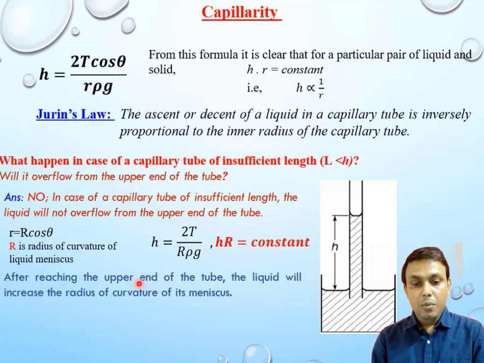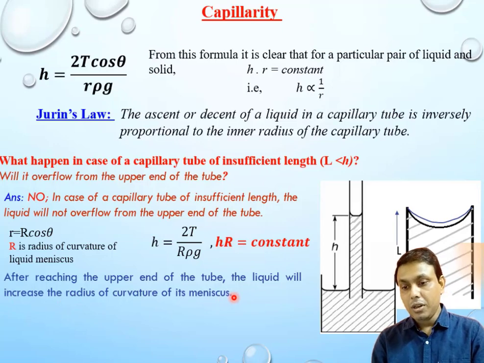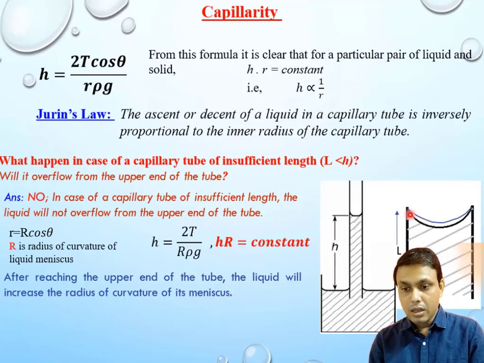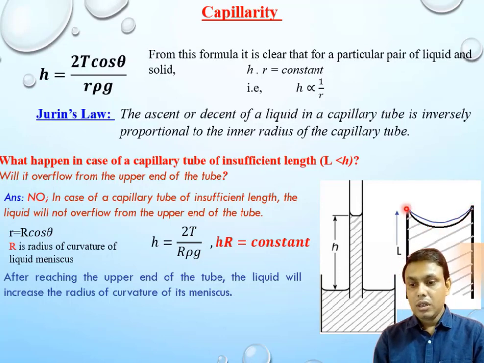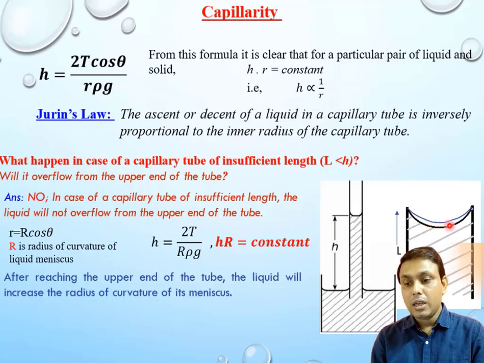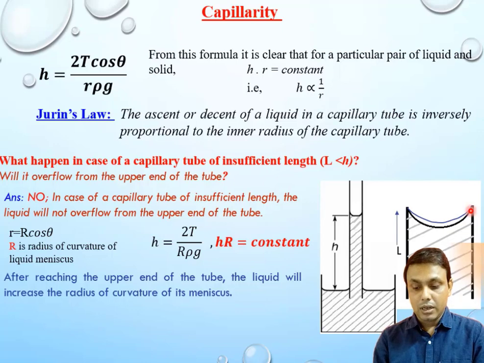After reaching the upper end of the tube, the liquid will increase the radius of curvature of its meniscus. That means here initially this was the position of the liquid meniscus. Now when it reaches here, you see that the height of the capillary tube ends here. Now before overflowing, the liquid will rise up. As it rises up, the radius of curvature increases.